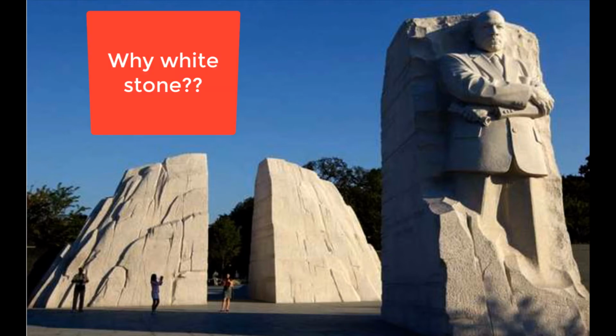Some people complain, don't like the fact that it's in white stone. Why white stone when it is a memorial to a person of color? The other side argues that all the other memorials, if you think about them, they're all out of the same white stone. That's why they chose it. But you can see all of those debates would go into one paragraph. You'd source them. You'd talk about them.